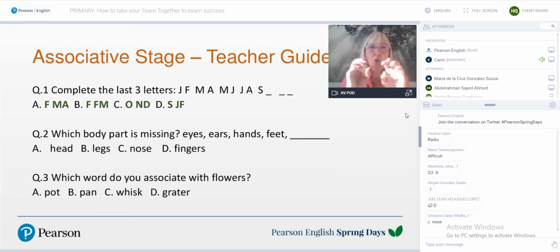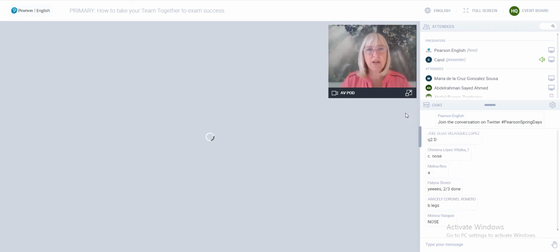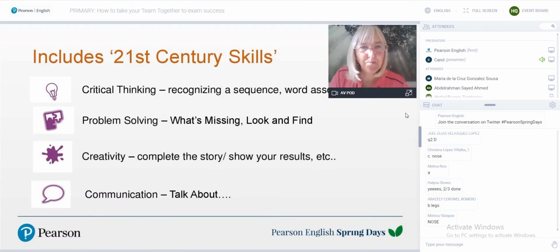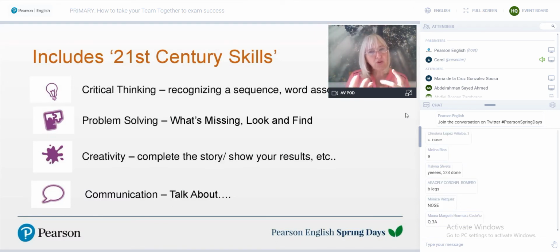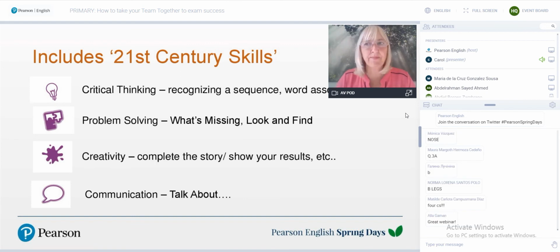But what's happening there? What you're actually doing is using what a lot of people have called 21st century skills. There's no real mystery about these, but what you do there is to recognize what's going on in a sequence or to think about word association. That's critical thinking in action.